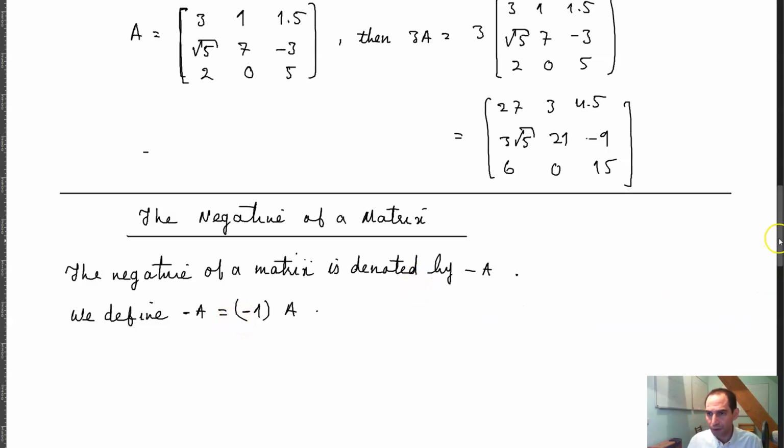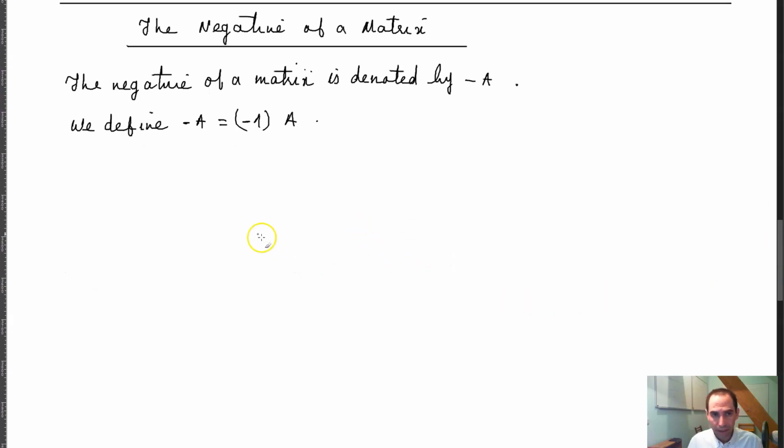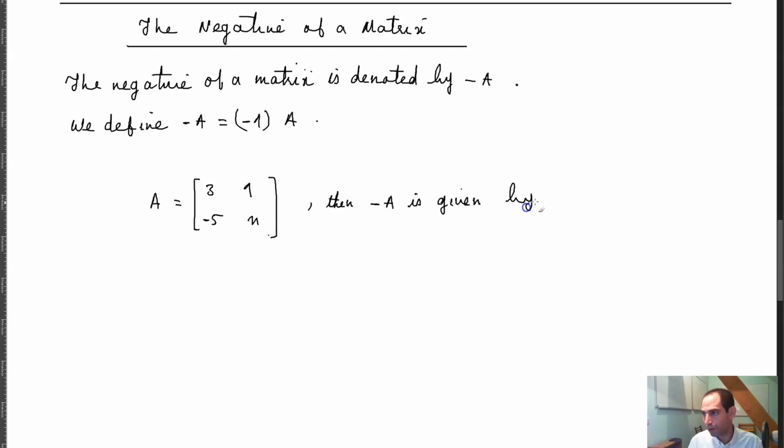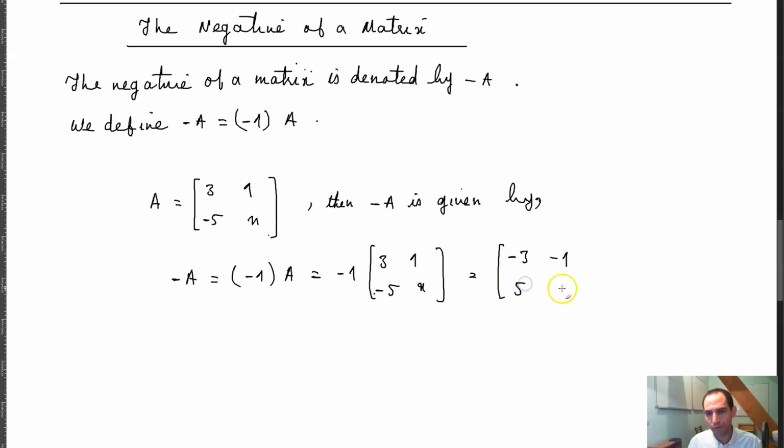As an example, let's say that A is equal to 3, 1, negative 5, x. Then negative A is equal to negative 1 times A, which is equal to negative 3, negative 1, positive 5, and negative x.